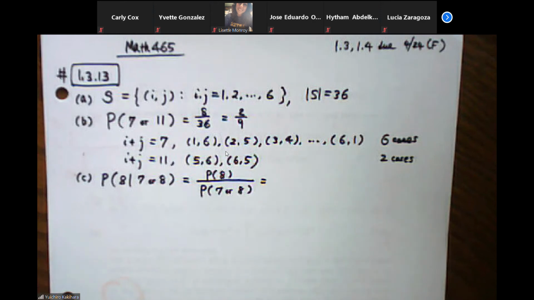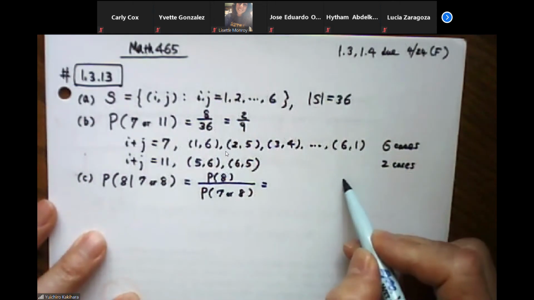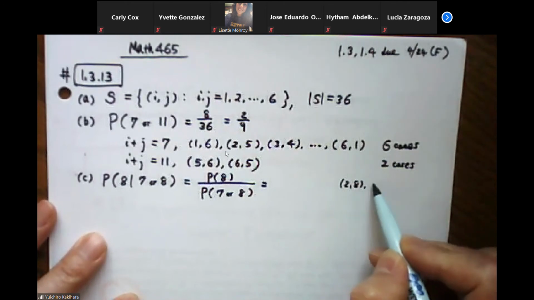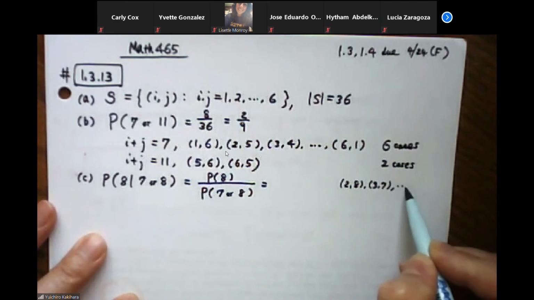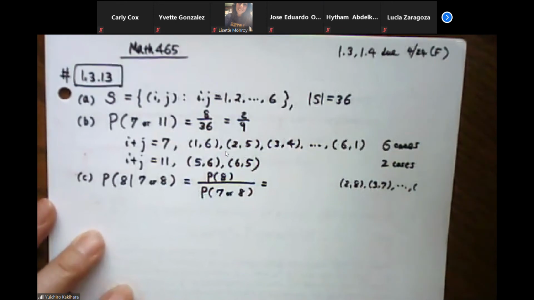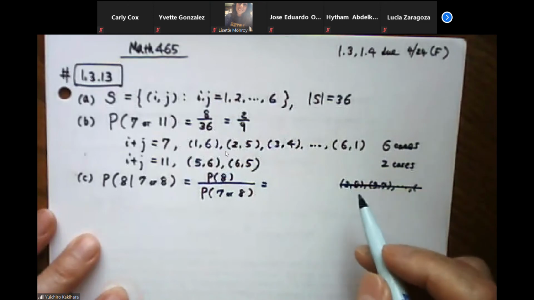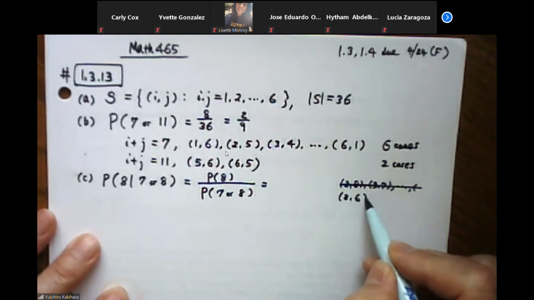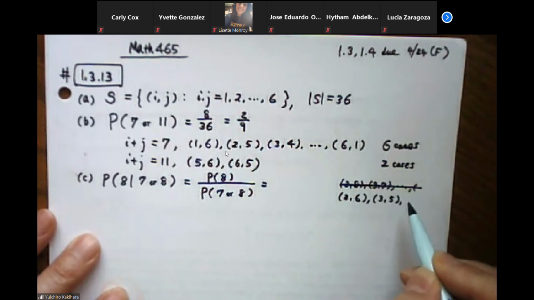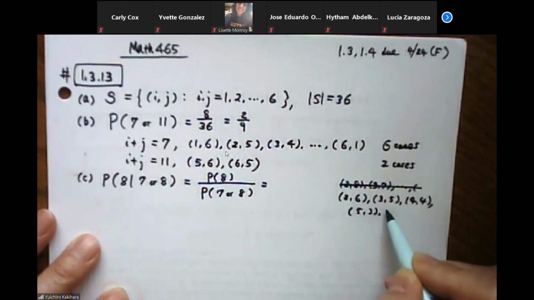Can you get this probability? 8 comes. Sum is 8 means you have to start with 2 and 6, and then 3 and 5, and then 4 and 4, and then 5 and 3, and then 6 and 2. Sorry, I made a mistake earlier.